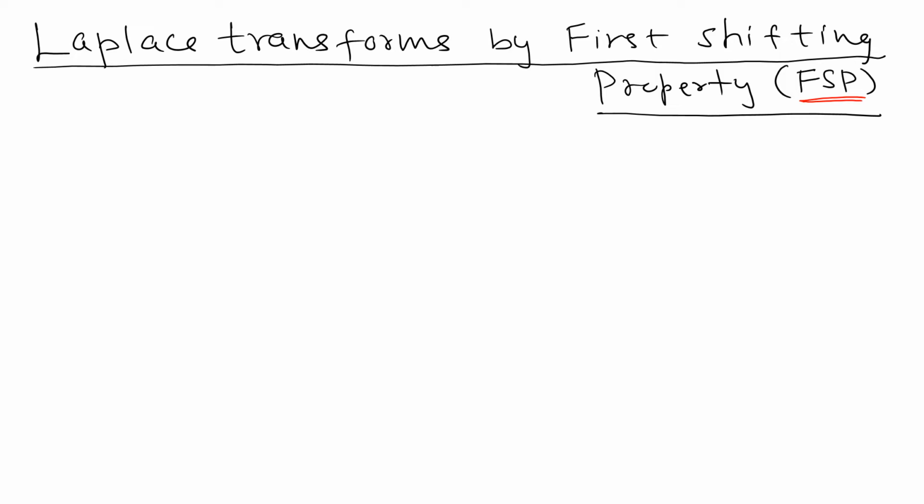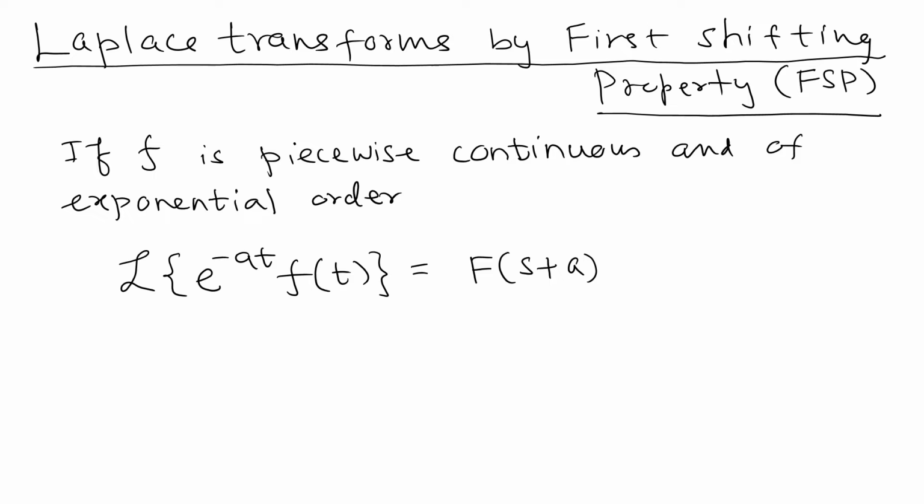Okay, so what is the first shifting property? If we have a piecewise continuous function which is of exponential order, we use these two conditions to make sure that the Laplace transform exists.